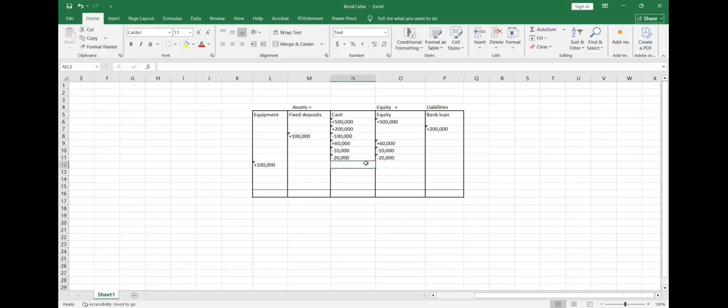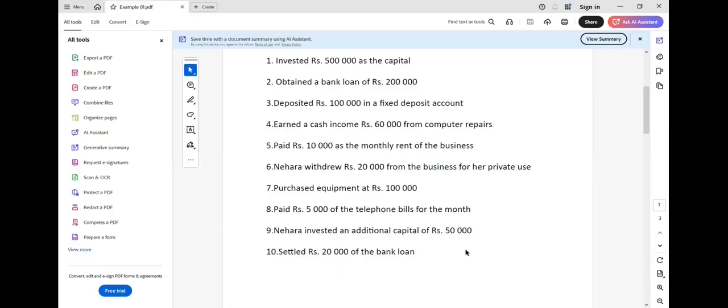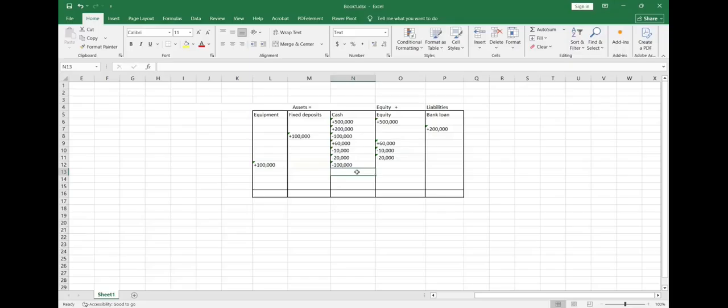This is a cash outflow. Number 8: 5,000 rupees of the telephone bills for the month. A telephone bill is an expense. Cash decreases by 5,000. Equity should be decreased by 5,000. When it comes to expenses, they should be borne by the owner.